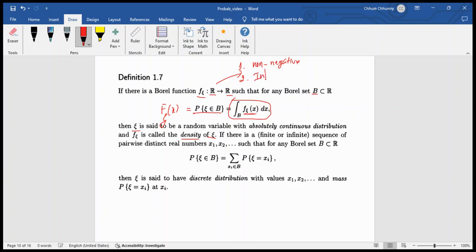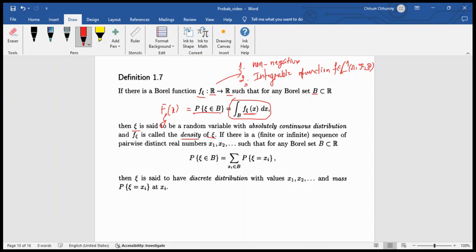For short, an integrable function, or f has to belong to the space L1.